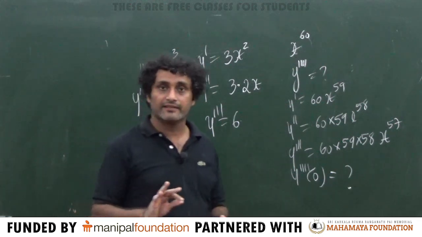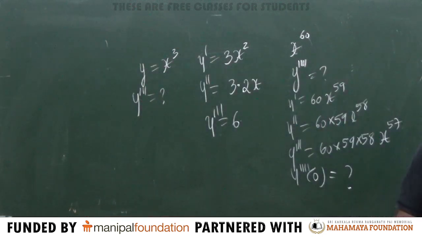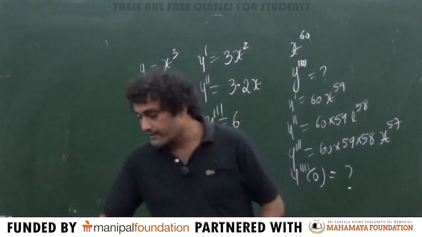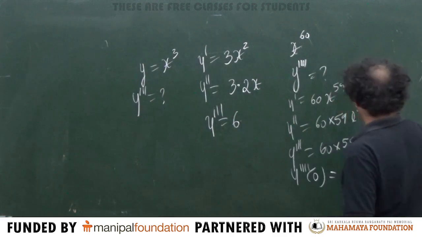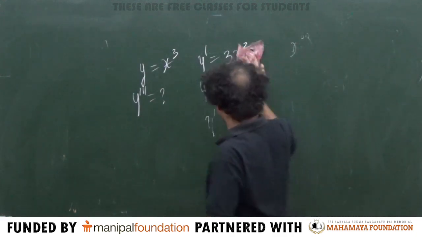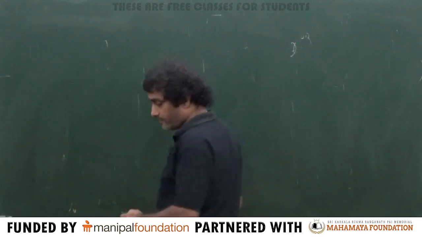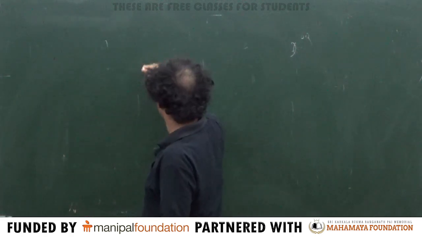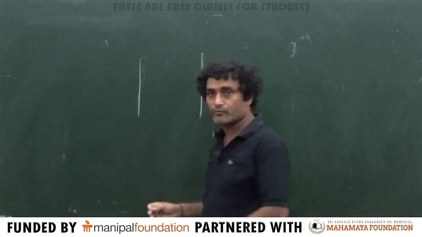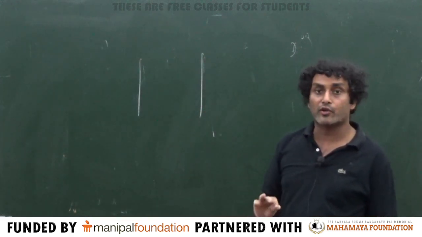Is that okay? So next one, what we will do is something you have not done, okay? But it's something very easy. You know determinants, right? Here I'm not giving you the constants.